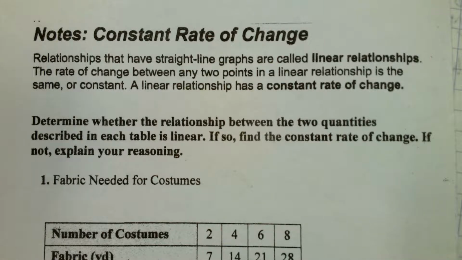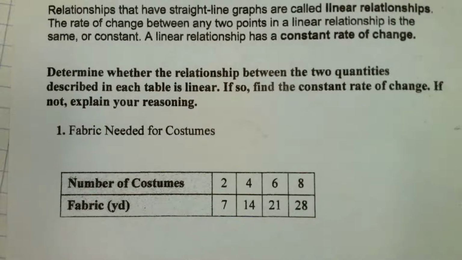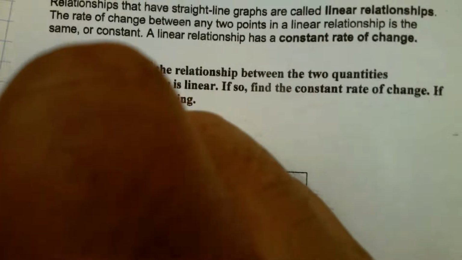So in order to find out if we have a linear relationship, we need to know if there's a constant rate of change. And so there's a way of figuring this out.